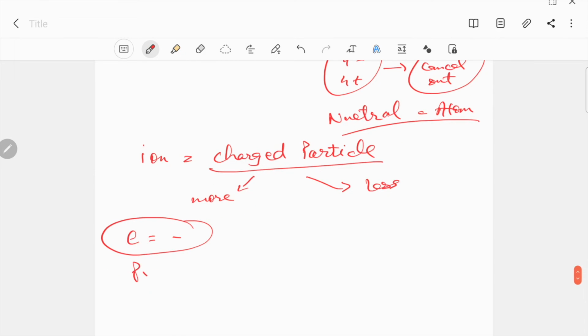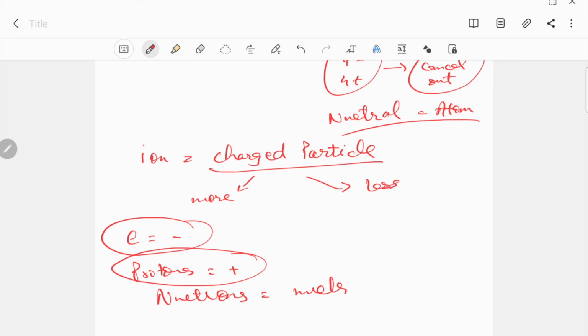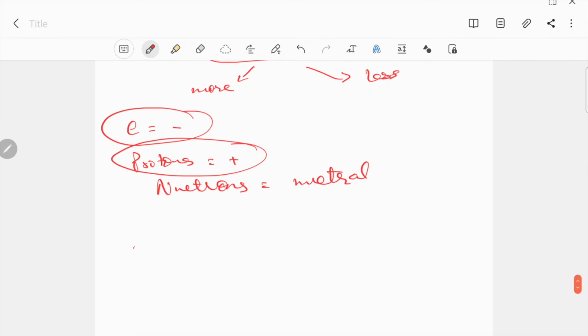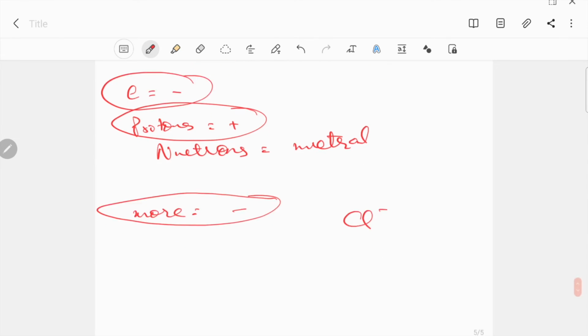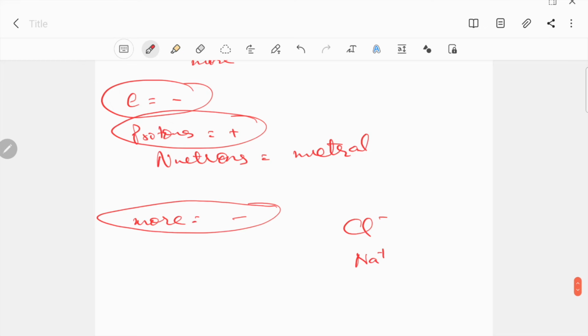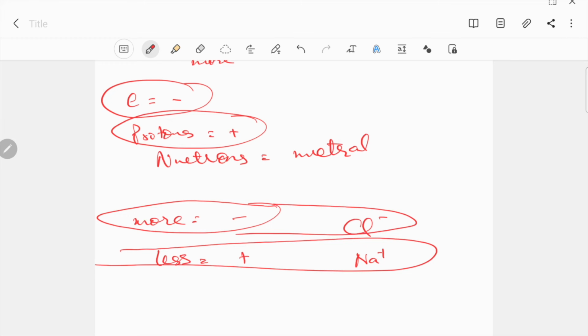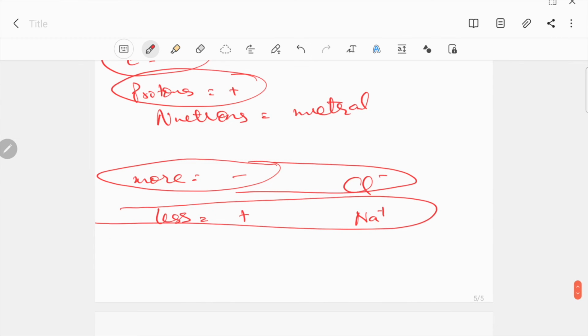Because electrons are negatively charged and protons are positively charged, whereas the neutrons are neutral. तो अगर किसी के पास ज्यादा प्रोटॉन न्यूट्रॉन्स आ गए तो उसका जो ओवरऑल नेट चार्ज होगा it would be negative. Often we use Cl minus and Na plus when there are less electrons as compared to the protons.